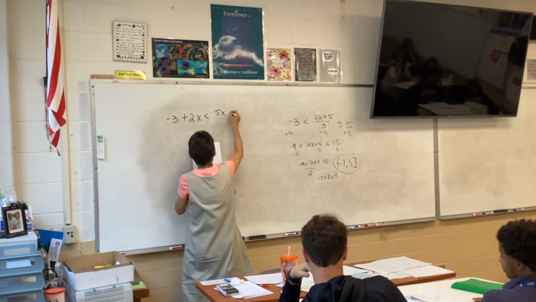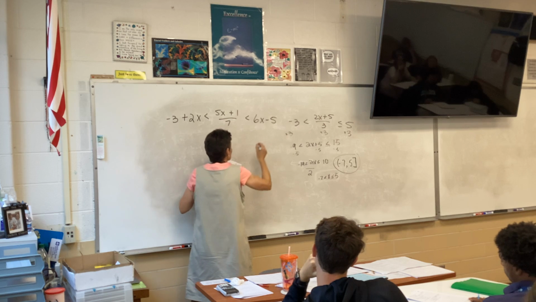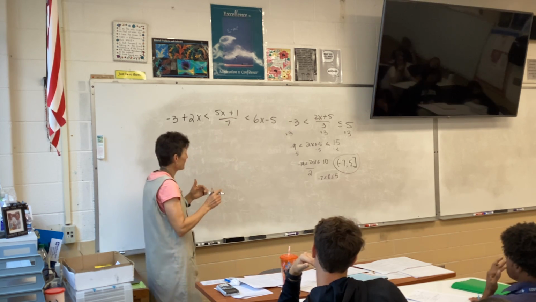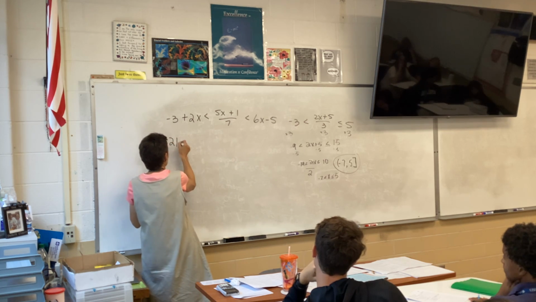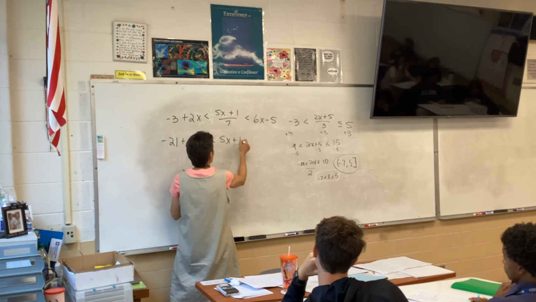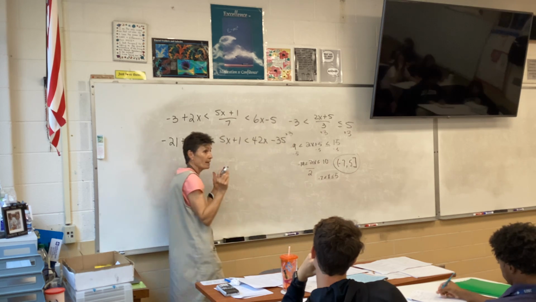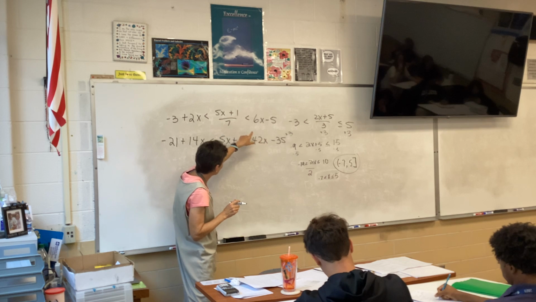So let's talk about this one for a second. I would love to do what she did, and I actually can multiply everything by 7. So if you want to do that, that's perfectly fine. Then you don't have to worry about a fraction anymore. So that's okay. Timesing every single thing by 7, hopefully correctly.